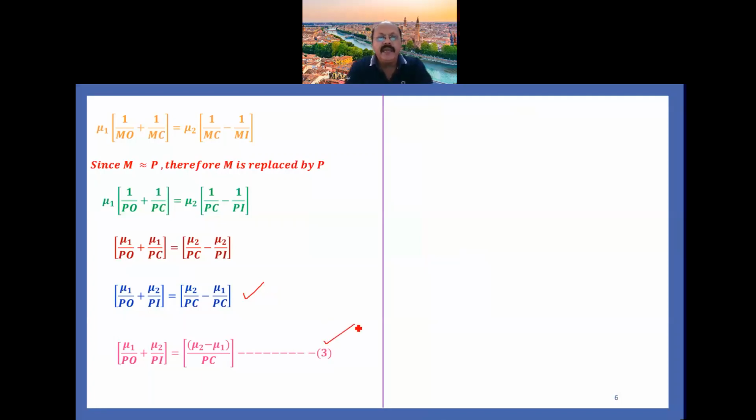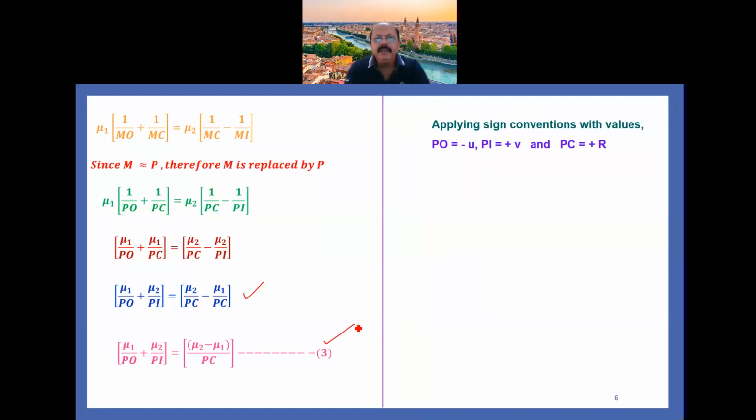Now apply the sign conventions and substitute the values of PO, PI and PC. Since all distances are measured from the pole, PO is the object distance, which is in the opposite direction of the incident ray, so it is negative. So PO equals minus u. PI, the image distance, is in the direction of the incident ray, so PI equals plus v.